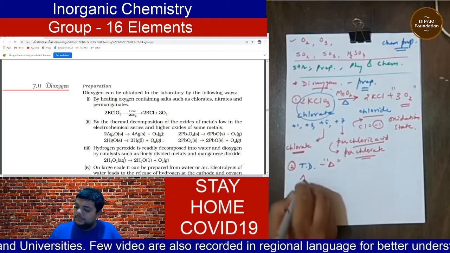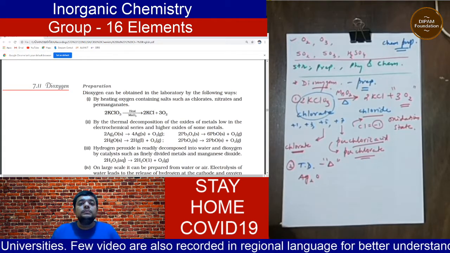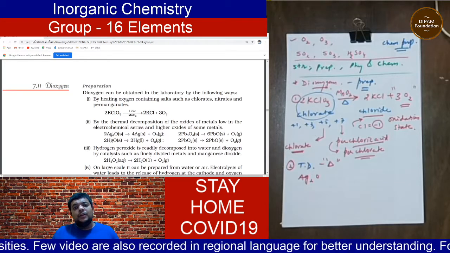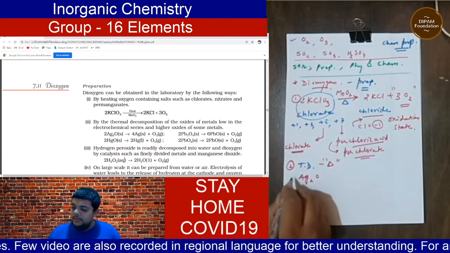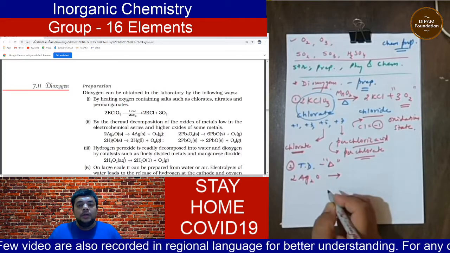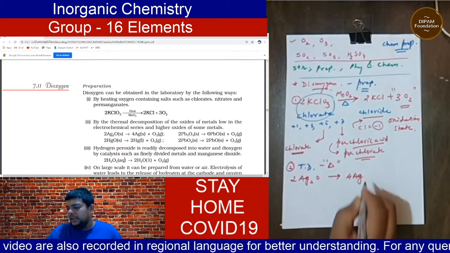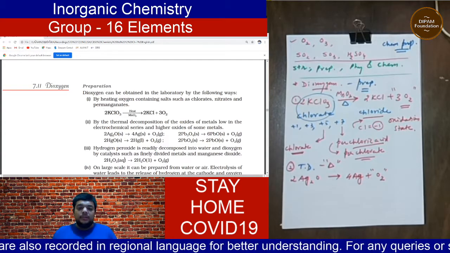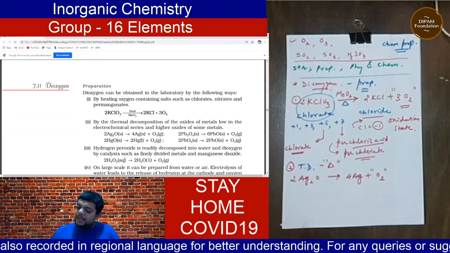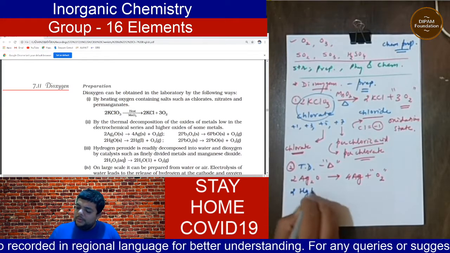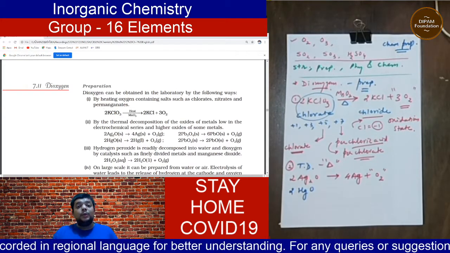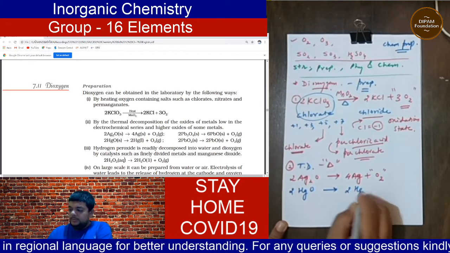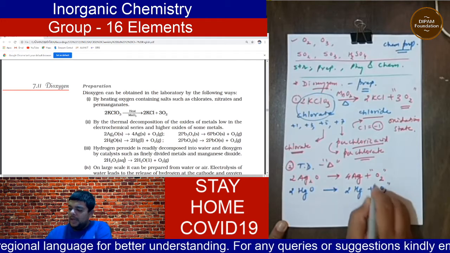Whenever you use silver oxide, in the other term, oxide of argentium, then 2 moles of silver oxide undergoing the heating or decomposition results into dioxygen plus silver. And the same kind of mechanism is observed when you undertake mercury oxide in the form of mercuric oxide. Over here also, it is mercury plus dioxygen.